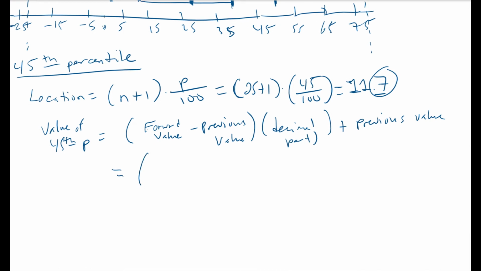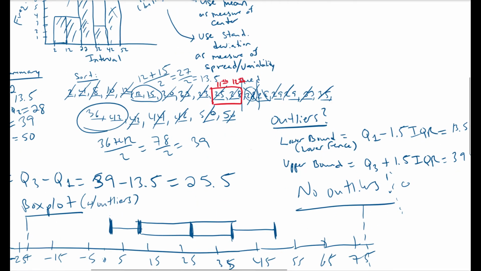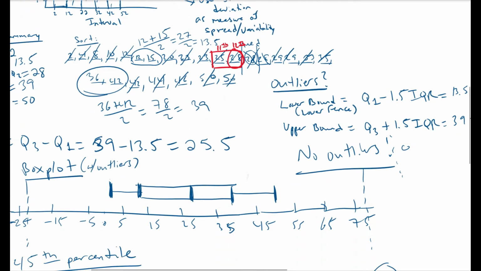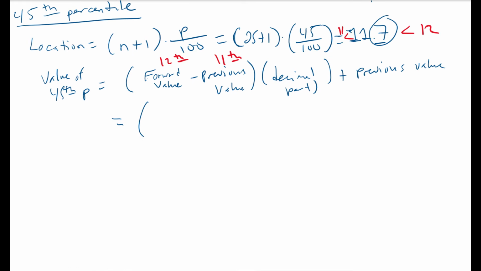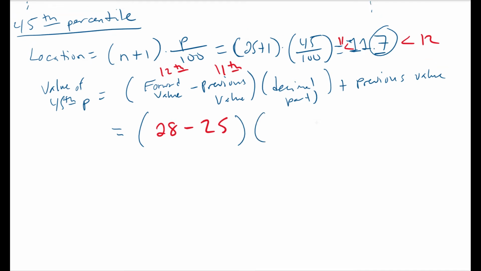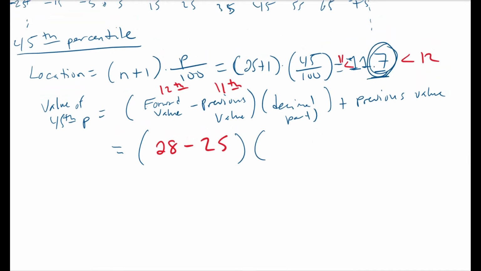So in order to calculate that, this is your 12th number, and this is your 11th number, because this number is between 12 and 11. Your 12th number, what was that? It was 28, right? And then our 11th number is 25. So we have 28 minus 25, and then our decimal part is 0.7 right here, plus our previous value, which was 25.